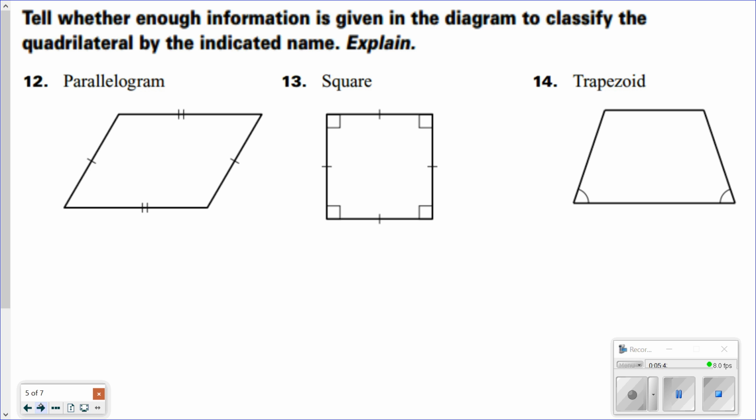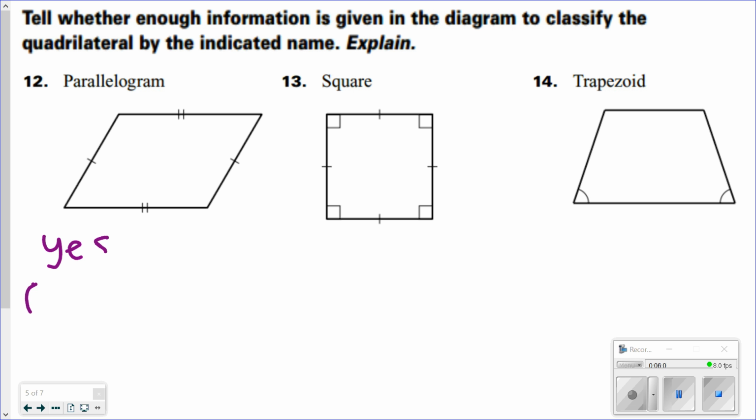Tell whether enough information is given in the diagram to classify the quadrilateral by the indicated name. And we want to explain. So for the first one here, is this enough information to prove that this is a parallelogram? Yes or no? The answer is yes. Why?